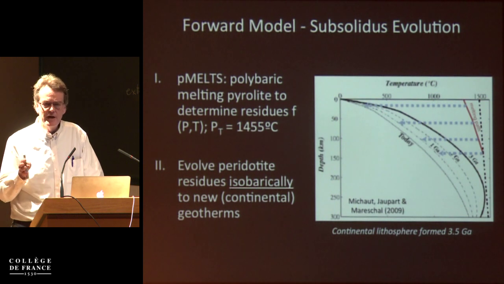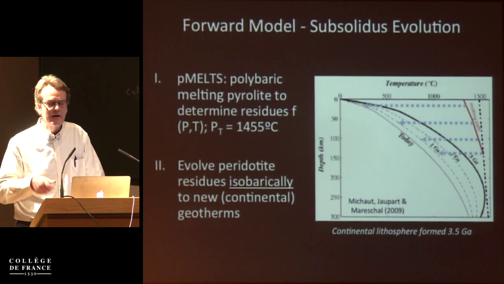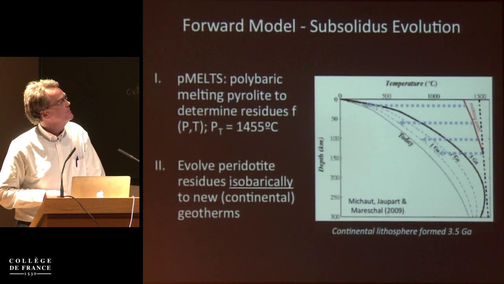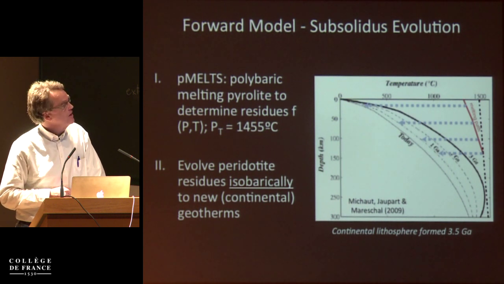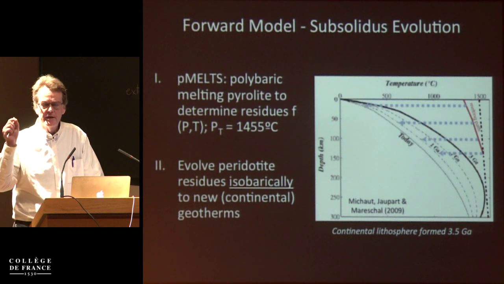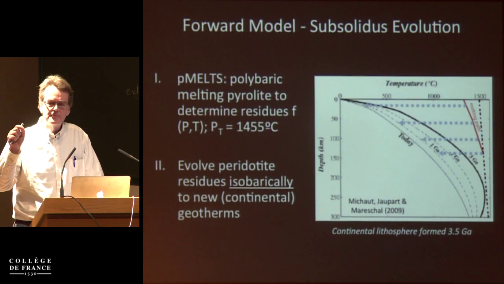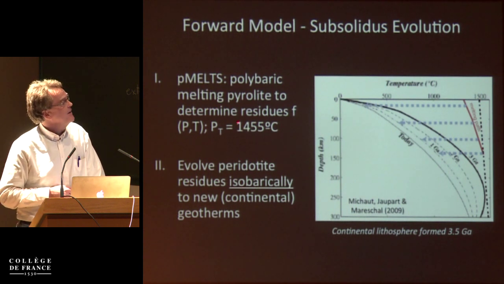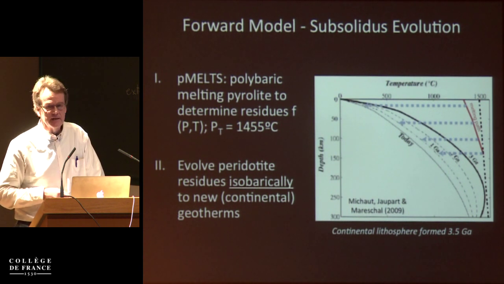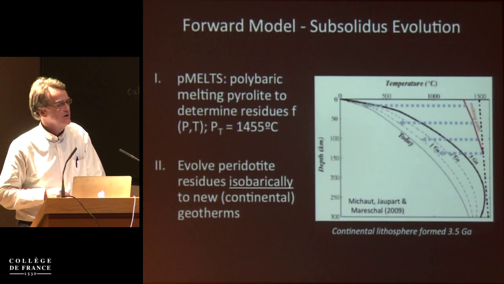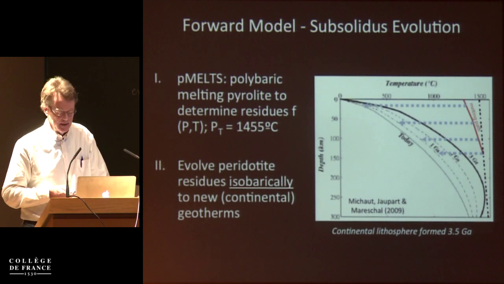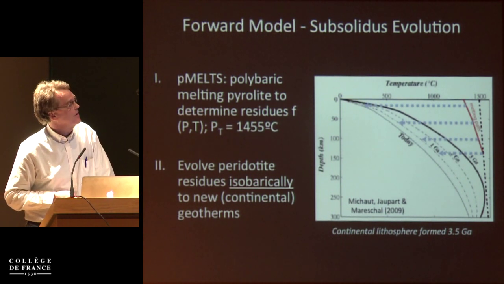What we wanted to do now is consider the polybaric evolution of a system. To do that, along the solidus, we are using pMELTS to calculate what the bulk composition of the residue is along the solidus. Then based on that, we're using this subsolidus modal calculator to calculate the modal mineralogy and change in their compositions.